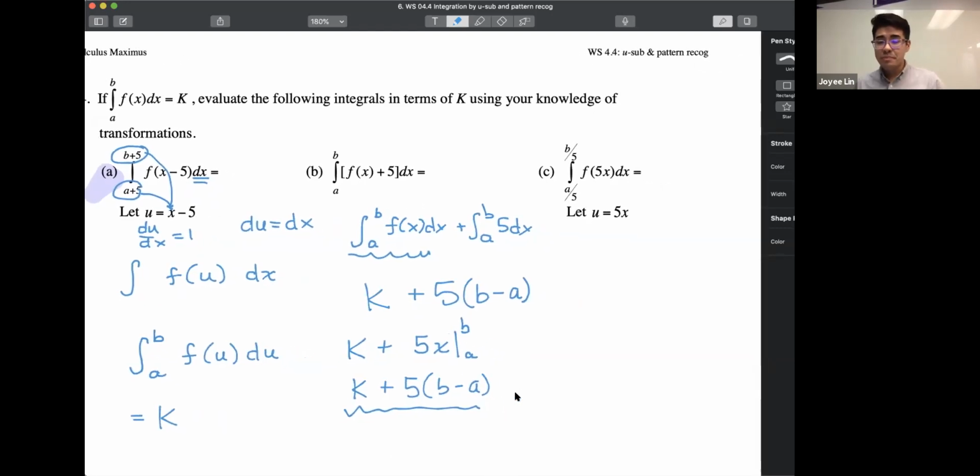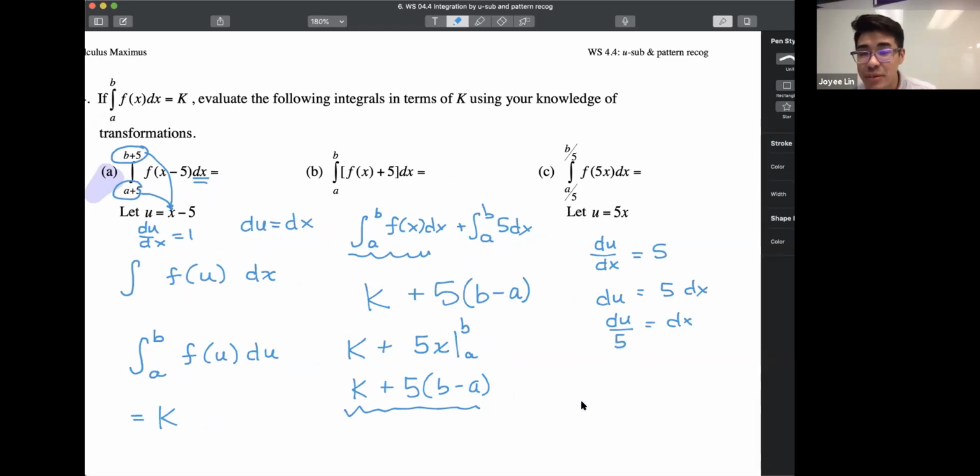Let's do part C. Part C here, when we take the derivative with respect to both sides, we get du/dx is equal to 5. So then du is equal to 5 dx, or dx is equal to du over 5.